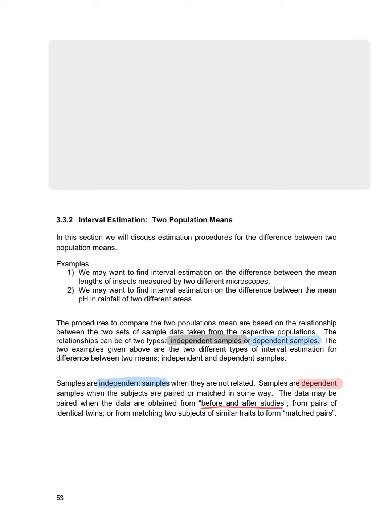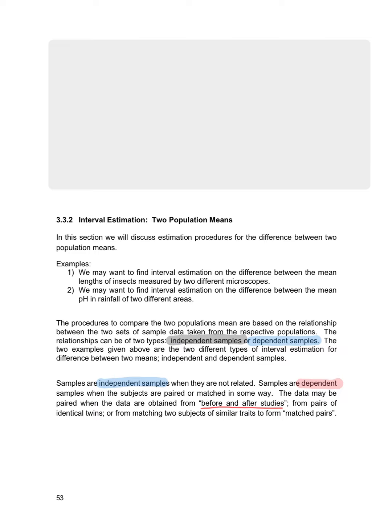I measured their score in statistics before they attended the statistics course. Let's say I have 20 students. I give them one quiz and I record their score.